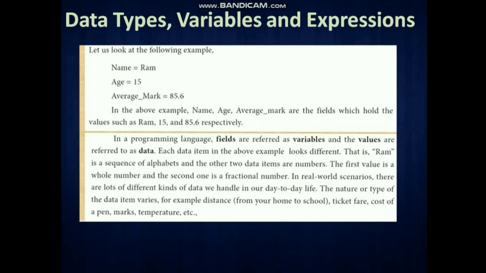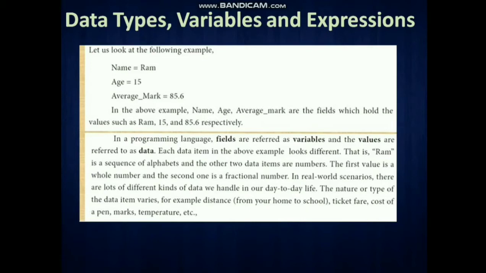In data types, we have a field name and the value of the variable. Look at the example given here. The fields are name, age, and average mark. These are all the fields; three fields are there.